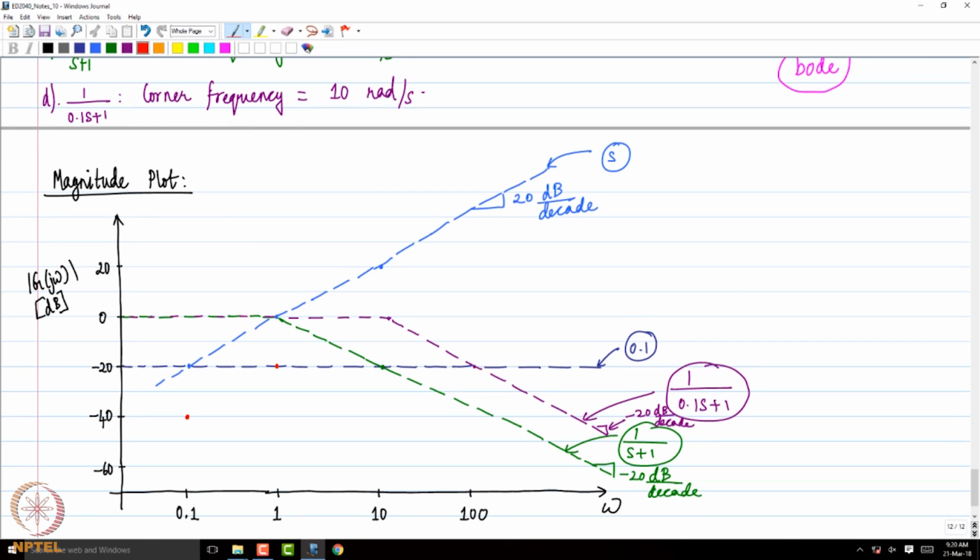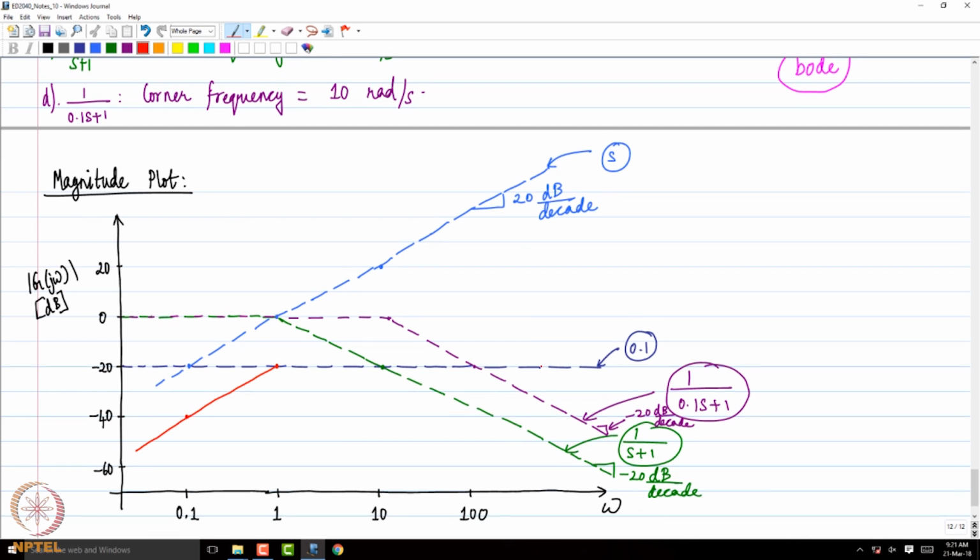I am going to use the red solid line to draw the bode diagram of the total, net transfer function. So this is what is going to happen to the bode diagram of the transfer function at low frequencies, till the corner frequency of 1.